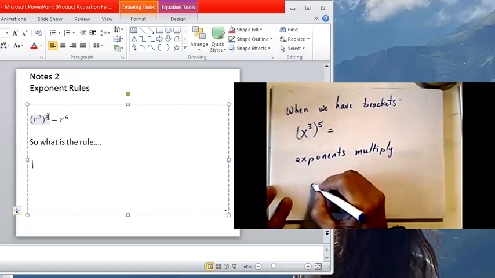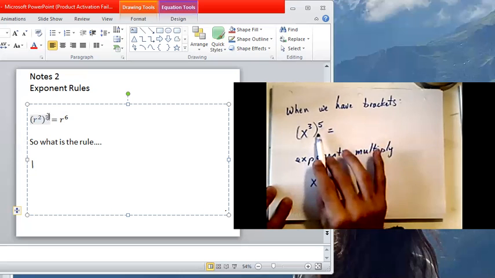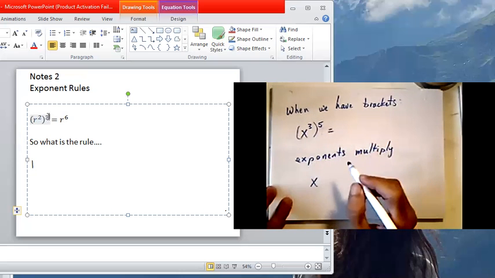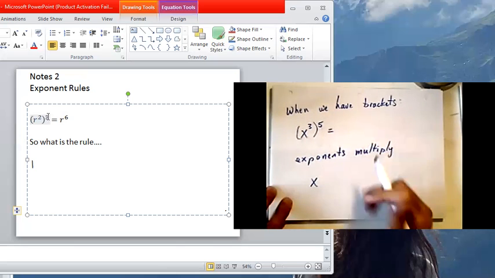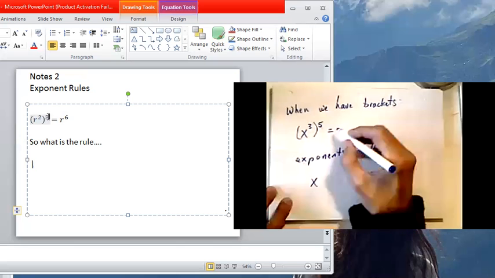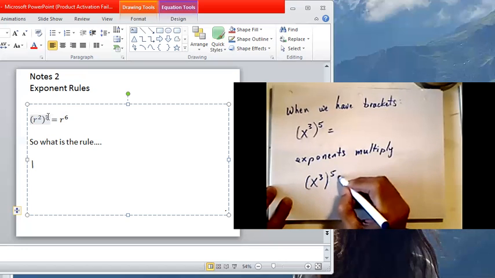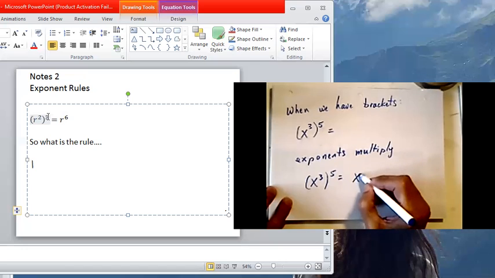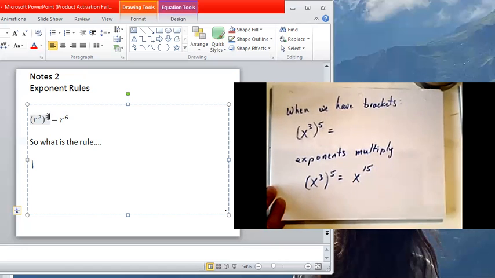So x3 times x3 times x3, which is 5 times. That's right. Now that gets to be a lot of writing. So we're trying to do the shortcut. Okay, so what will it give? X3 to the 5 is equal to x to the power of 15.